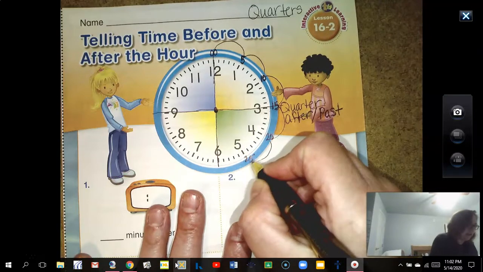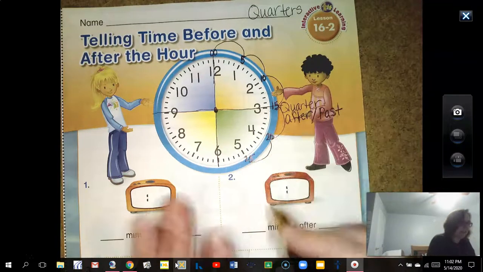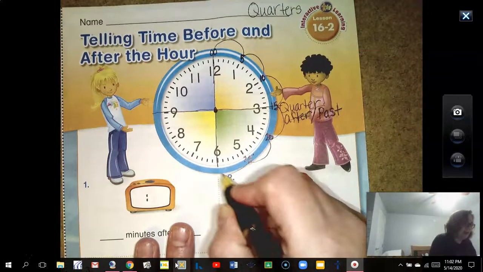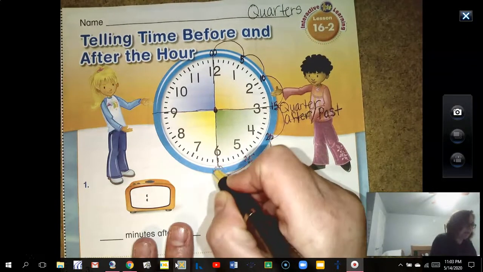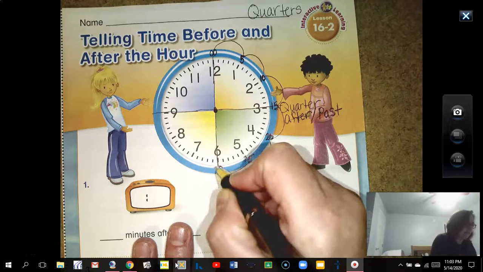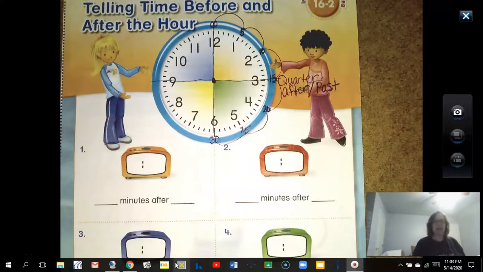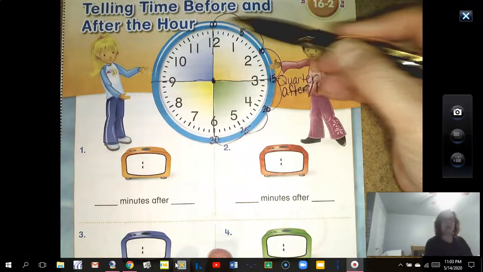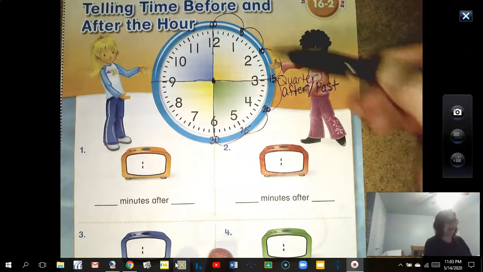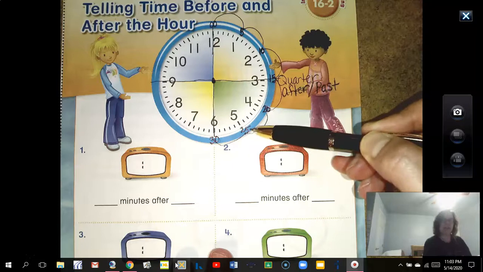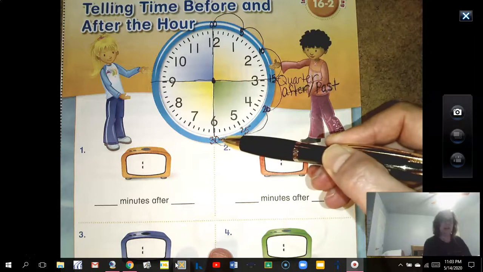And I hope you're setting up your clock just like I am. And then 30. Okay, hope you see that clearly. So we have 0, 5, 10, 15, 20, 25, and 30.